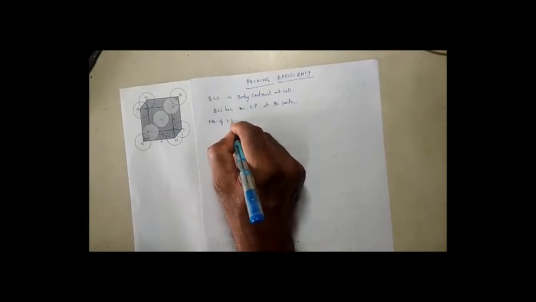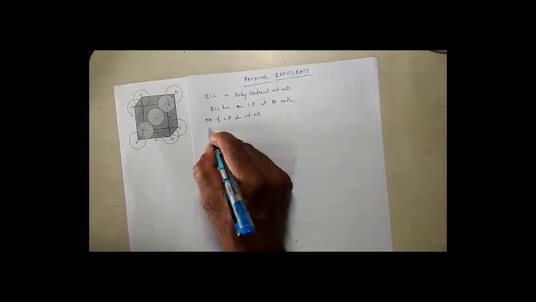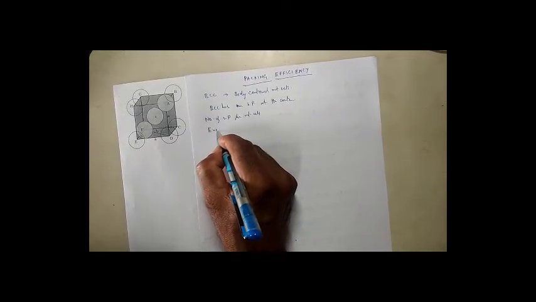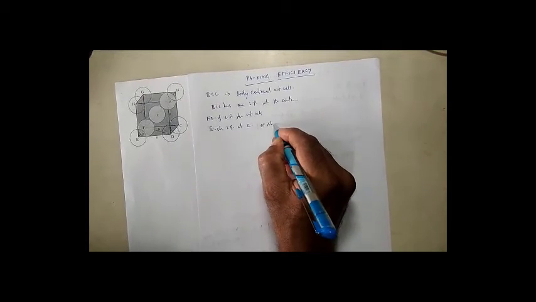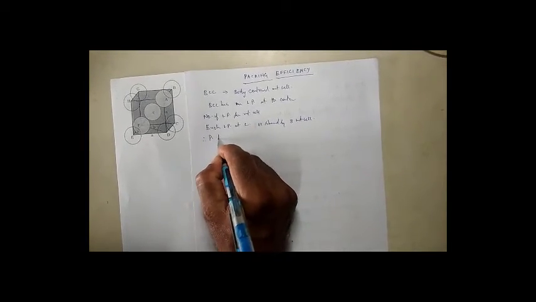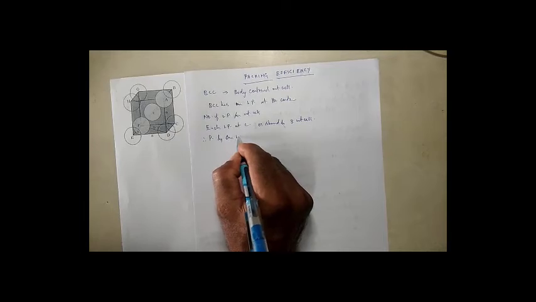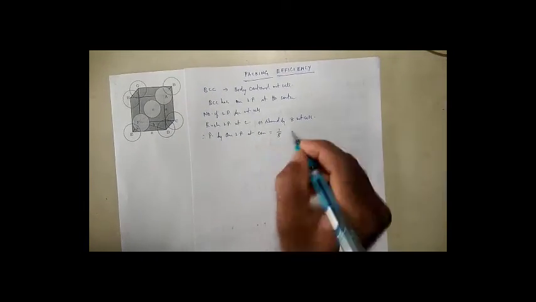Now number of lattice points per unit cell. We know that each lattice point at a corner is shared by 8 unit cells. Therefore, the portion contributed by one lattice point at each corner is 1 by 8.